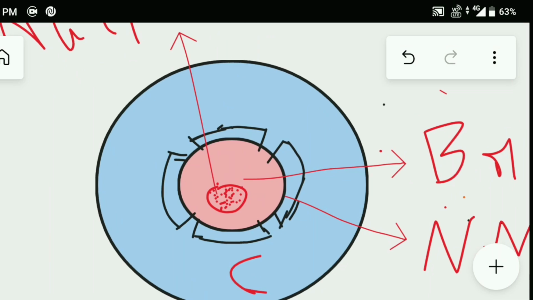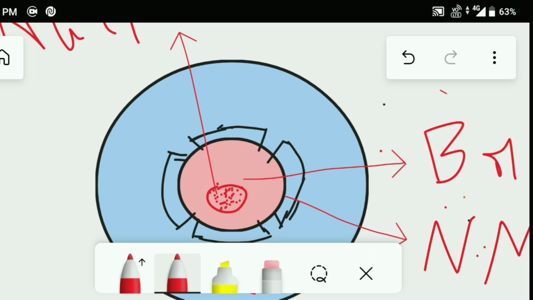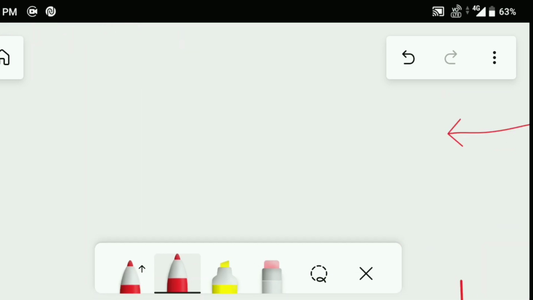And now the third part of the nucleus is called chromatin. Chromatin is the DNA. Yes, you heard it right. The nucleus contains our DNA in the form of chromatin. This is our DNA.